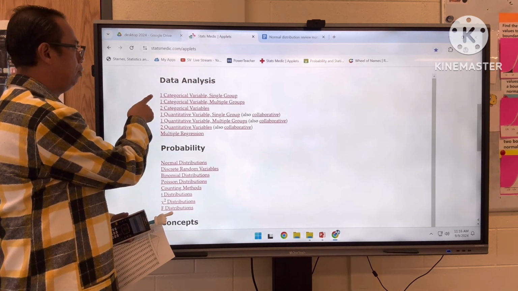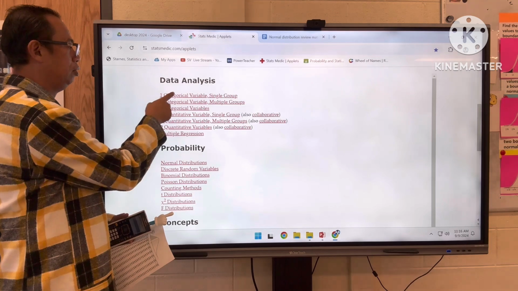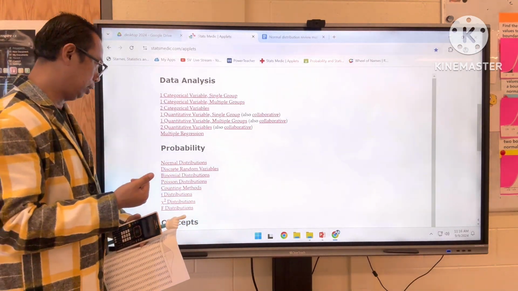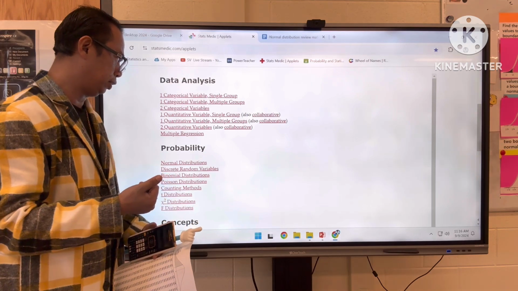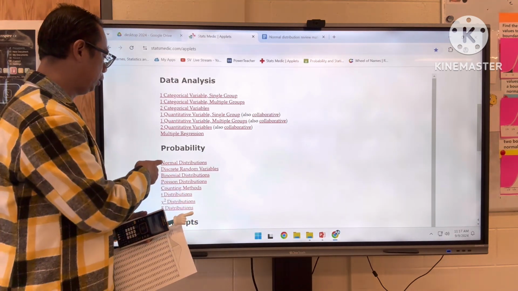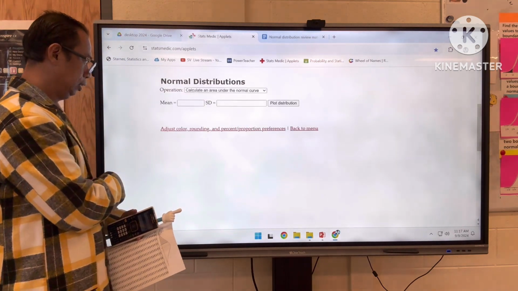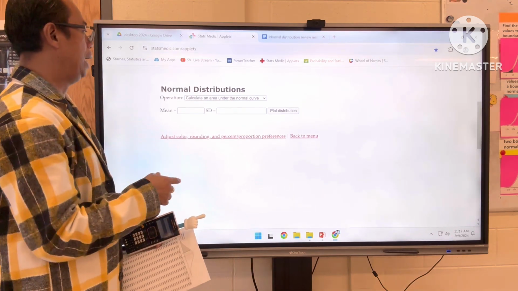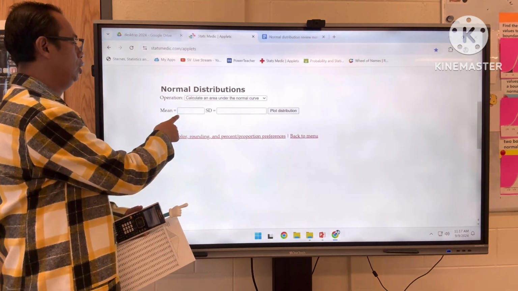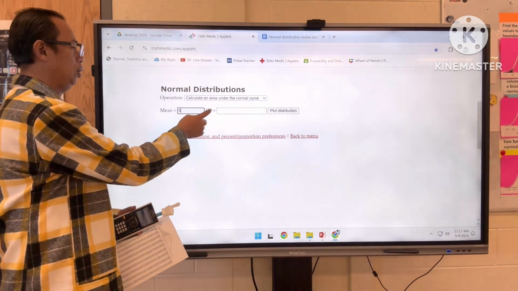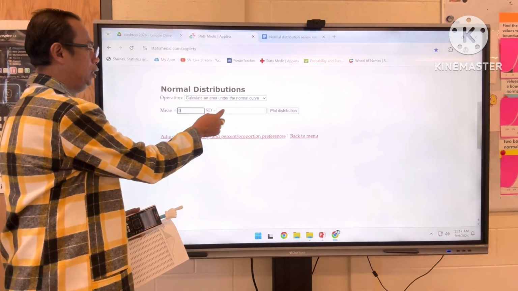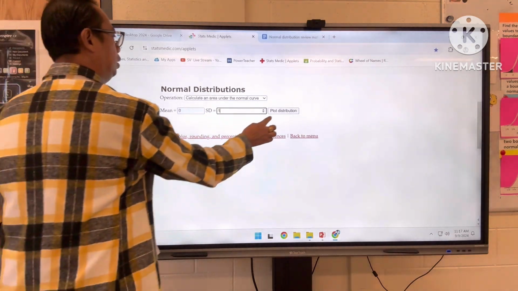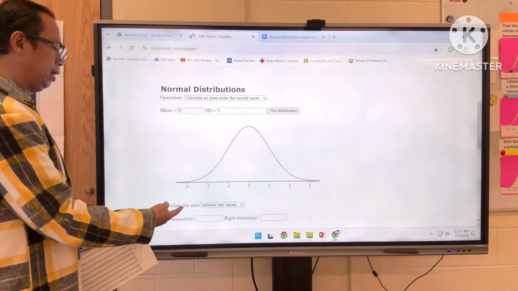We're done with the one categorical variable single group, and one quantitative variable single group. So we are now on the normal distribution. So you'll see this one is our value, no? So calculate, and the mean is 0, and then the SD here is 1. Okay, then you click the plot, you will see the plot there.